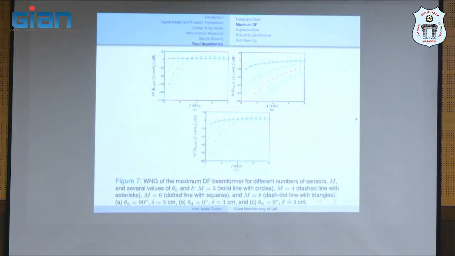Okay? So you see the differences between the delay-and-sum beamformer and a beamformer that maximizes the directivity factor. If what is important is the array gain under thermal noise, and you design the maximum white noise gain beamformer, then at least if you put it in a different environment with diffuse noise, you don't amplify the noise, which is okay.